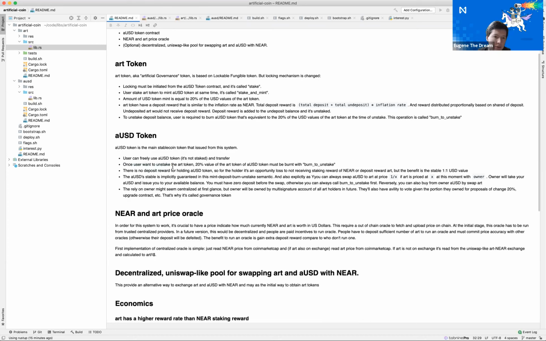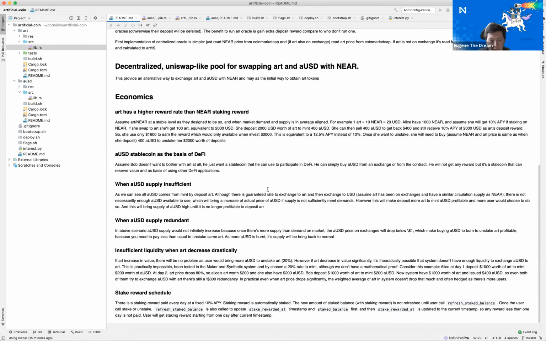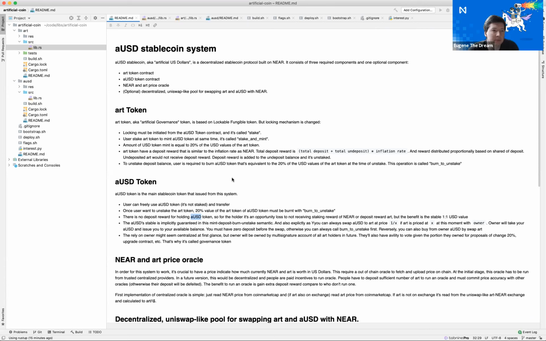So once a user wants to unstake the art token, it's unclear why. Okay, yeah, I'm missing something.